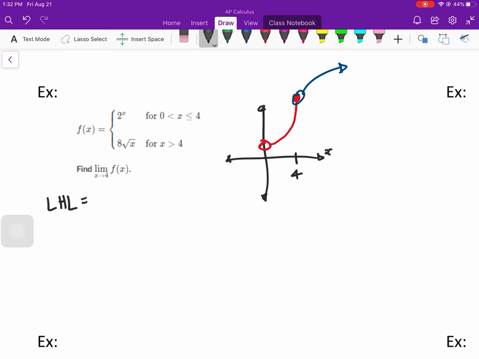so what are we going to use? You got to figure out which of the 2 functions is to the left of 4. So this is x is greater than 4. Well, numbers that are greater than 4 are going to be to the right of 4, right? So if you think of that on the number line, let's just say this is 4. X is greater than 4 would be talking about to the right. This is where x is greater than 4.